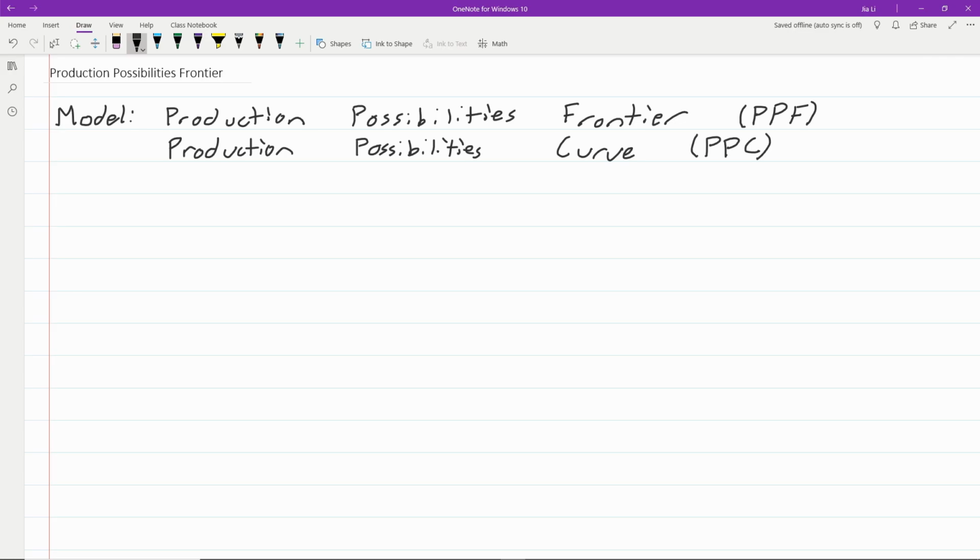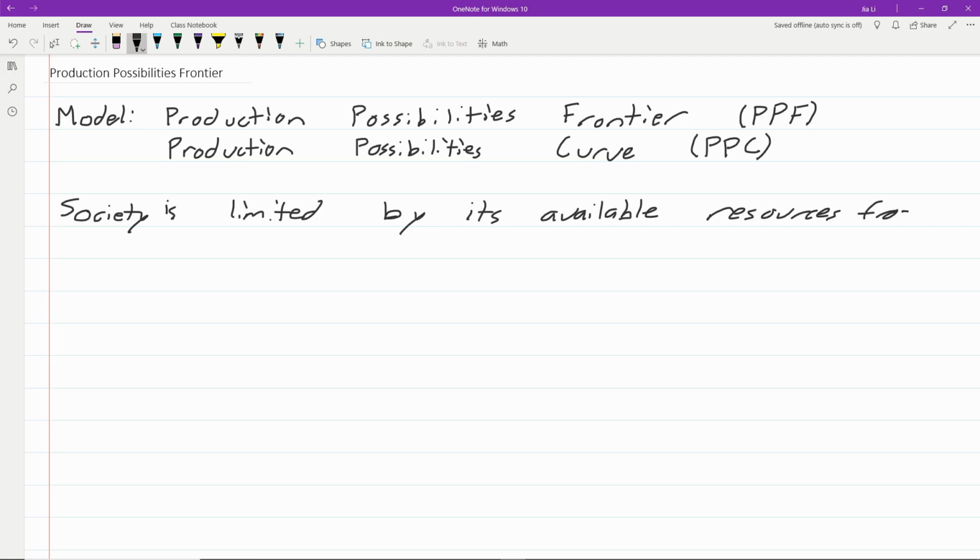Well, society is limited, in terms of the things that it can produce, by its available resources for production.